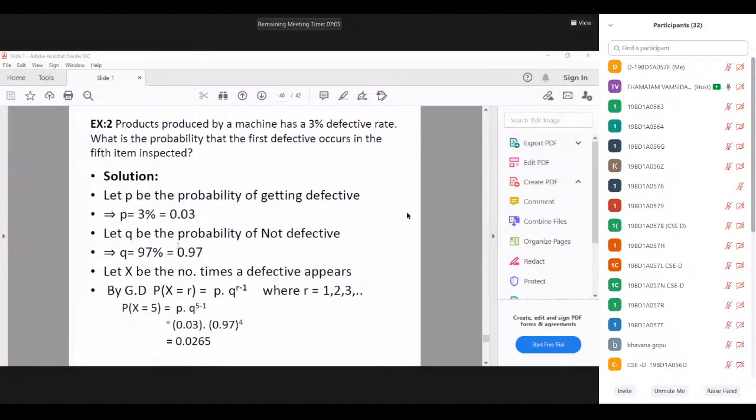Random variables, discrete and continuous, how to find k values. In both cases we discussed so many problems, how to find mean and variance. The problems are important. In the external exam, definitely they will ask one question, either discrete or continuous, finding k and mean and variance.